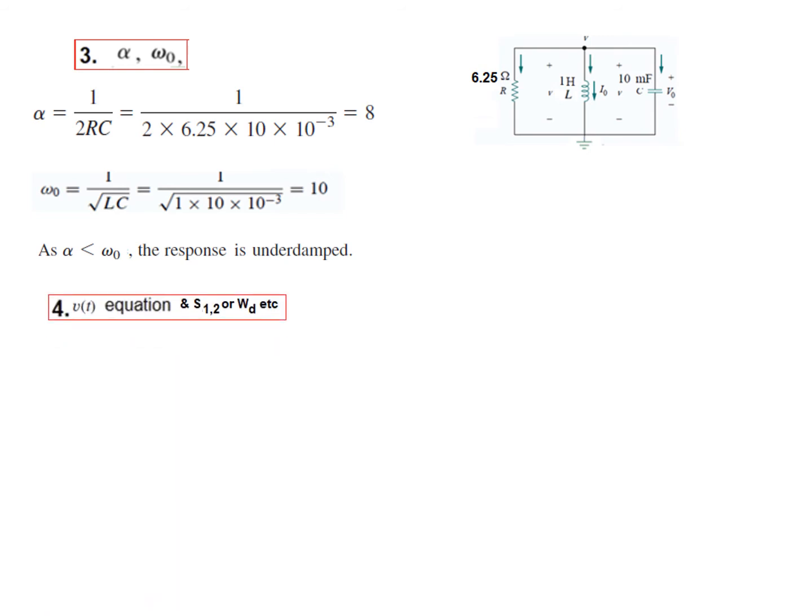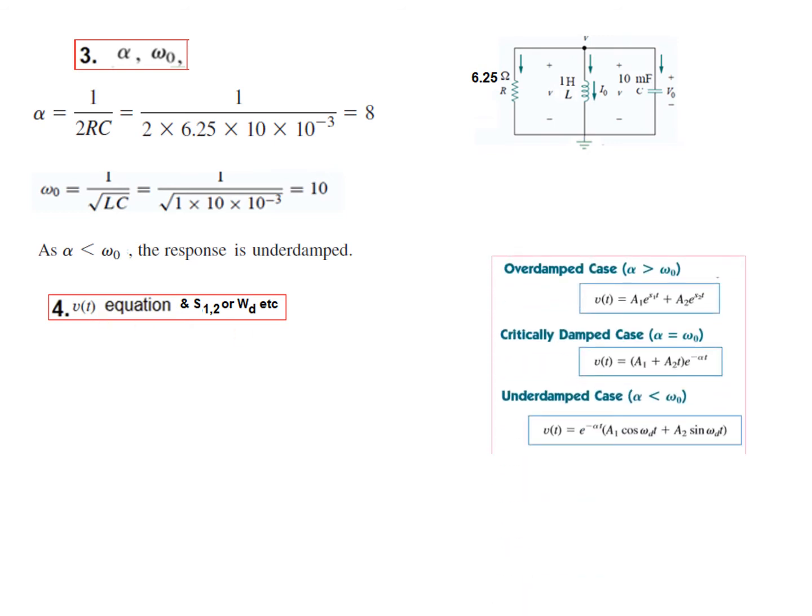And so for underdamped case, we have to select Vt, and we have 3 choices. From there, this is for the underdamped case. So we select this equation. So this is the equation for underdamped case, where Wd is given by this formula, square root of omega naught square minus alpha square.